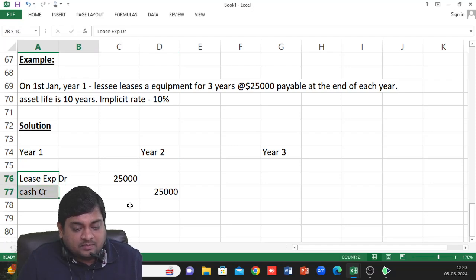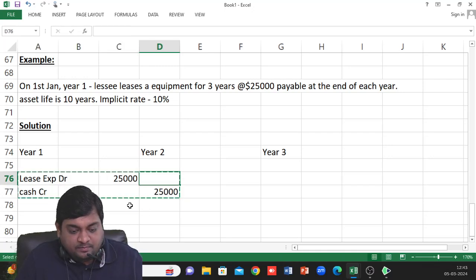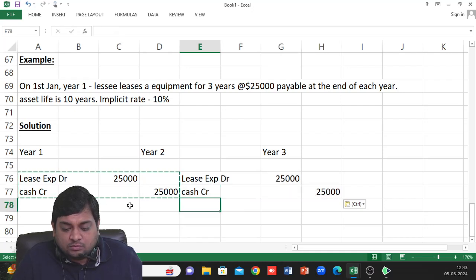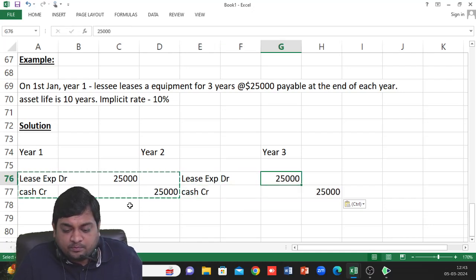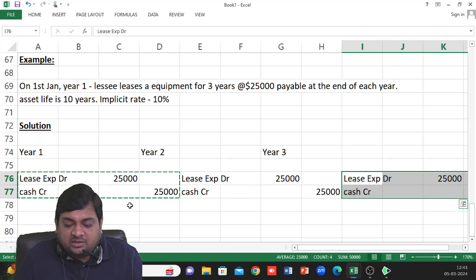Right? This same entry will be repeated in year 2. This same entry will be repeated in year 3.